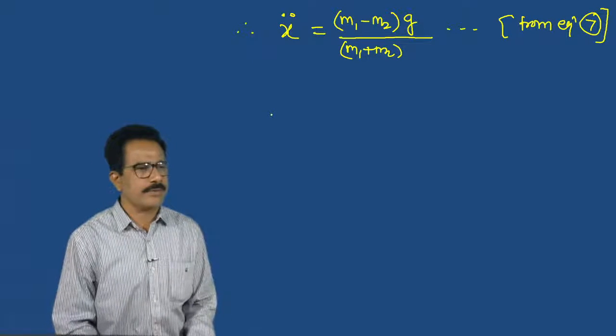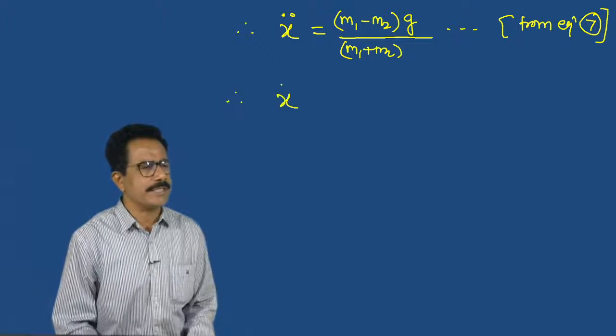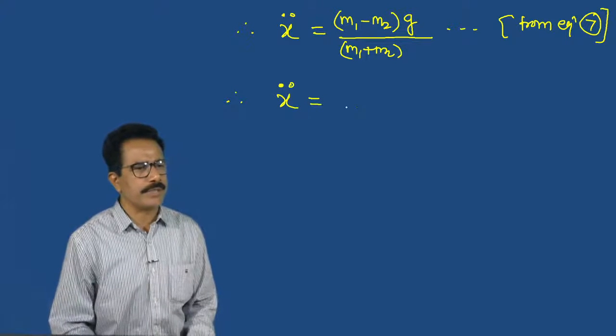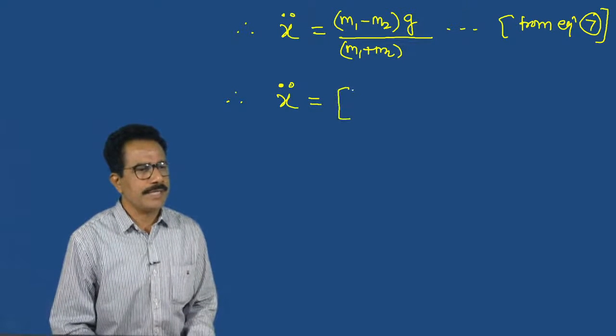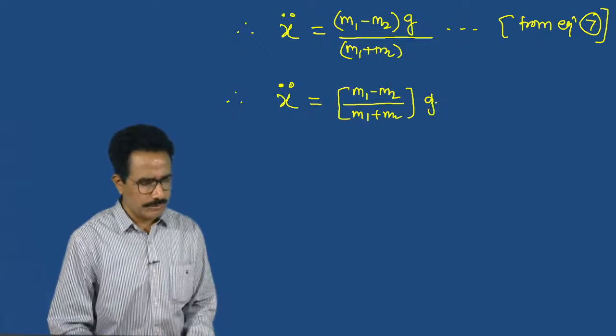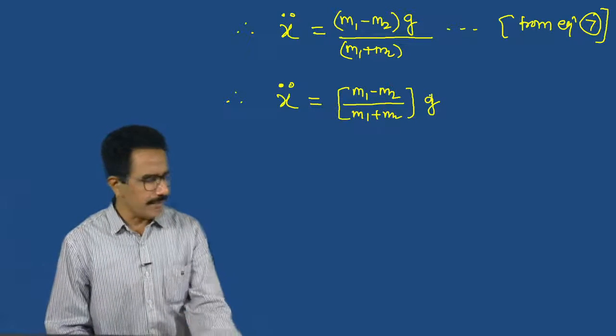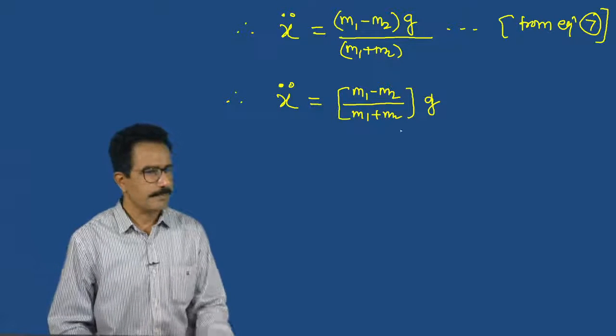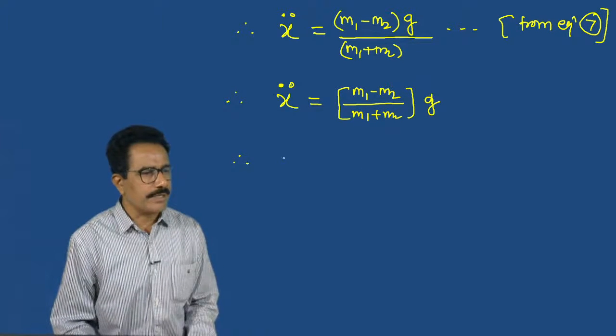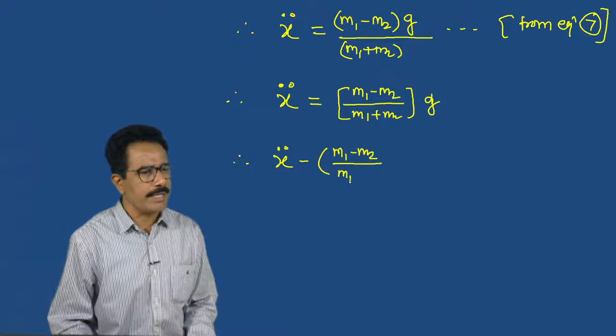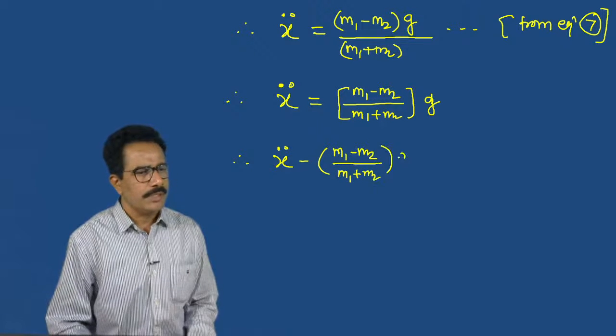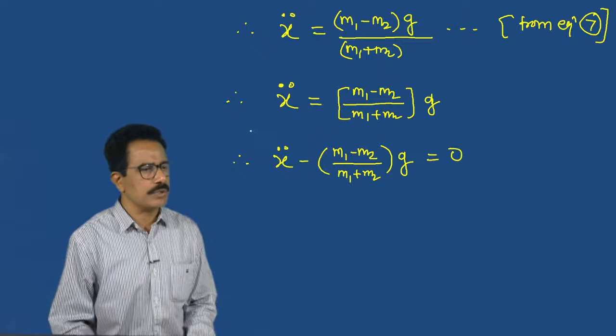समजतं का रे स्टुडंट? सर्व समजताना? खूप इम्पॉर्टंट, खूप इंटरेस्टिंग इक्वेशन्स आहेत पहा. x double dot विच इज इक्वल्स टू, वी कॅन राईट (m1 minus m2) divided by (m1 plus m2) into g. So the required equation of motion is x double dot minus (m1 minus m2) divided by (m1 plus m2) into g, which is equals to 0.